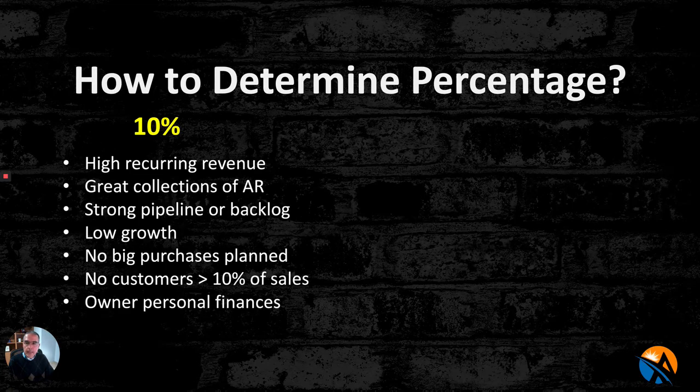So the way to look at it is this: you would want to use closer to 10% if you have a higher recurring amount of revenue, your AR collections are pretty fast, your terms are really quick, you have a strong pipeline or backlog, the growth is steady, it's growing but not crazy out of control growth, you have no plans for big purchases or expansions, and there's no customer that represents more than 10% of sales. So think of this as more like a risk approach to coming up with that percentage.